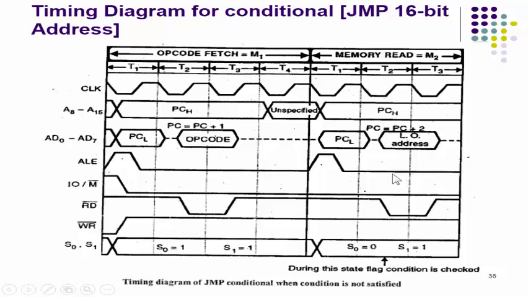And suppose the condition is not satisfied, so the opcode fetch machine cycle is as it is.